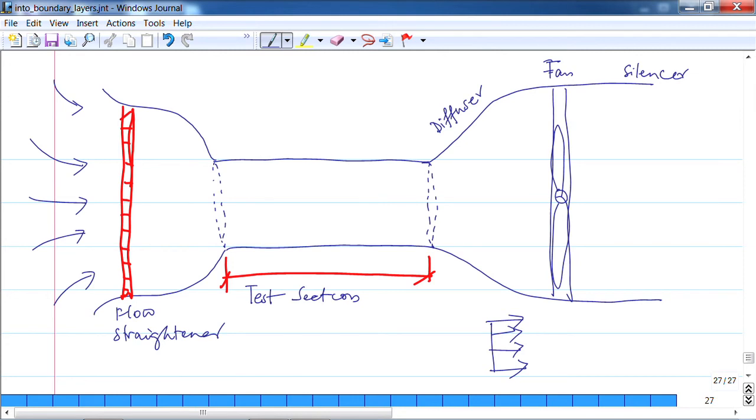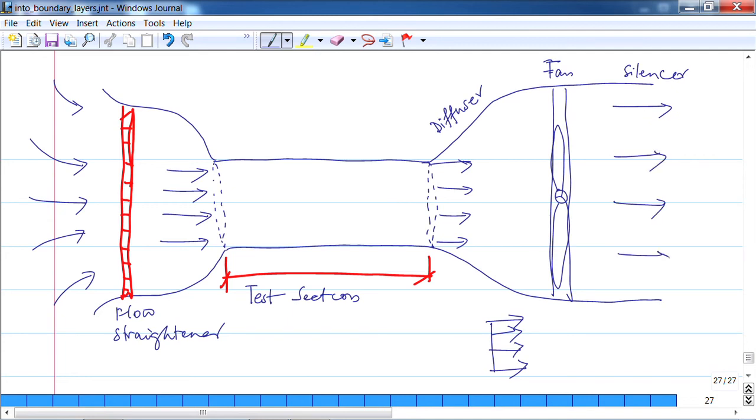When I have flow coming in, I would want it to be nice and smooth like that. And when it comes out of there, I want it to be as uniform as possible.